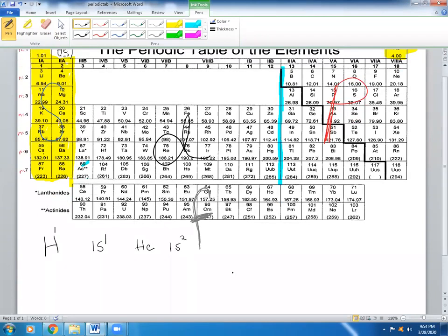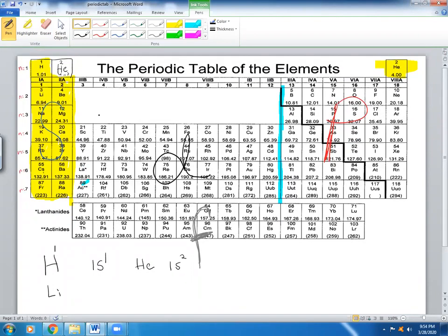Lithium. Remember what we said. We said we have to follow something called the building up principle. You have to start from scratch. You cannot just jump to lithium and say, oh, okay, here it is, 2s, and then, oh, there's a 3, 2s3. Well, number one, that violates that s can only take 2 electrons. So you can't put 3 electrons in the s.